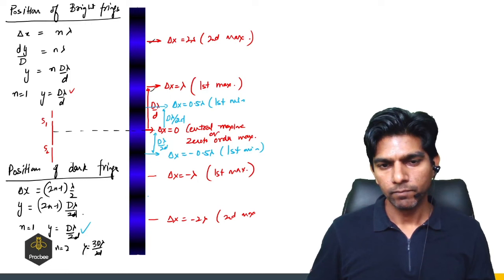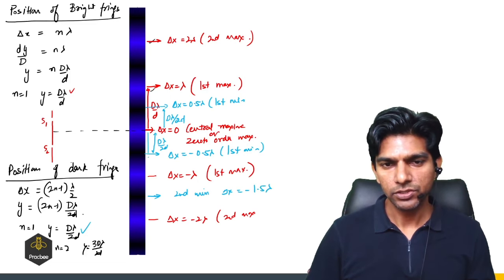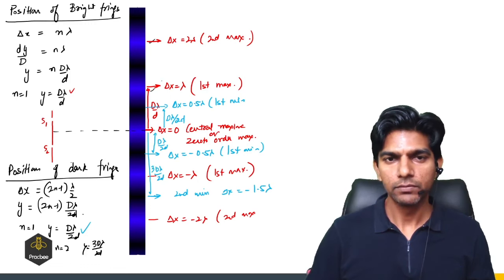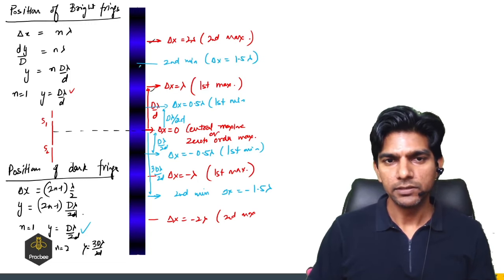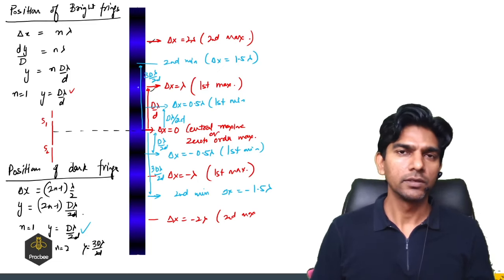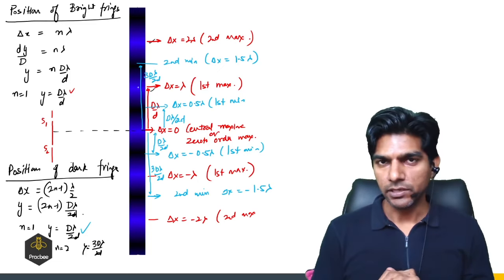Similarly, this is the second minima, and here the delta x will be minus 1.5 lambda, and its position from the central maxima will be 3 capital D lambda by 2d. Similarly, this is the second minima, where delta x is 1.5 lambda. Again, its distance from central maxima is 3 capital D lambda by 2d. So I hope the position is clear to you.